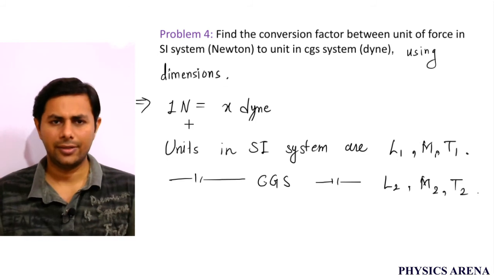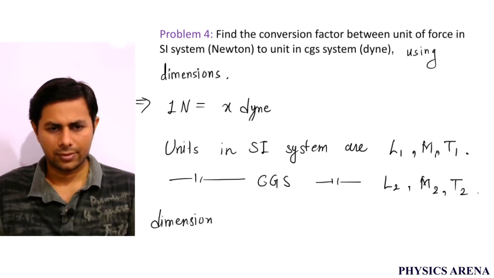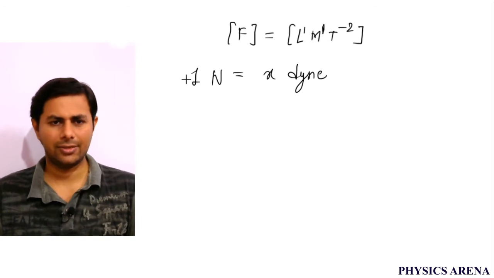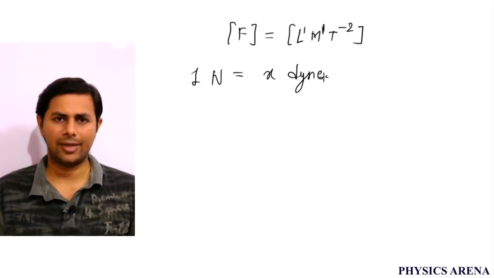Okay, then I can write this Newton and dyne, the units of force in SI and CGS, by the combination of units of length, mass and time. Okay, so we know dimensions of force are L1, M1, T raised to minus 2. So using these dimensions, we can write Newton and dyne in terms of the units of length, mass and time.